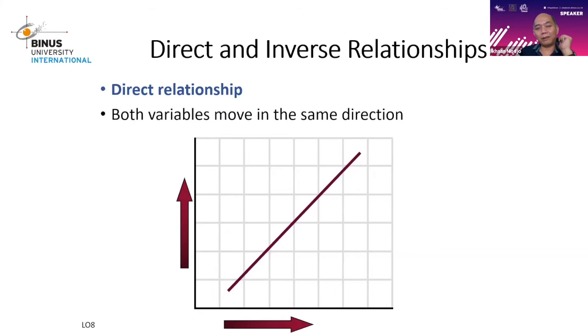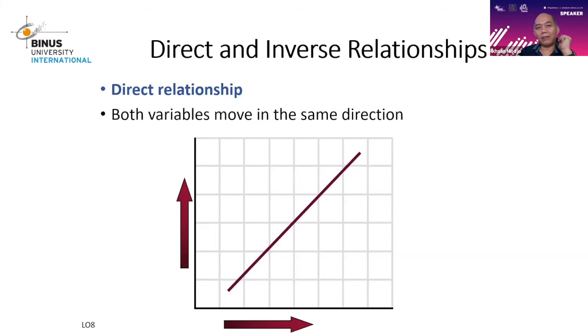For example, if A increases, this axis usually starts at 0. If A or X or Y increases, then X is going to increase as well. So they move in the same direction. One is positive, the other is also positive. One goes up, the other also goes up.